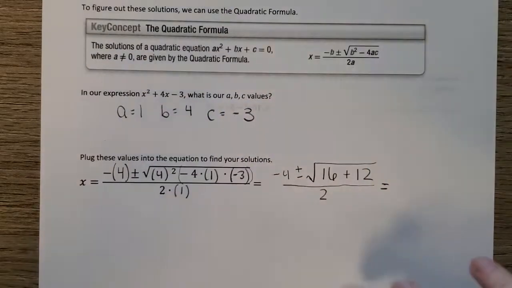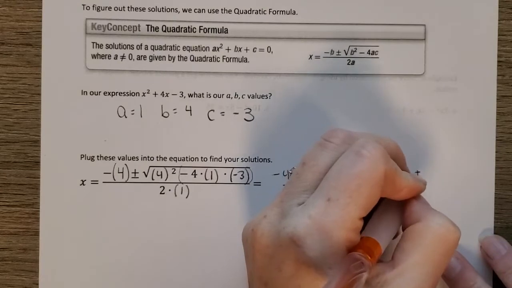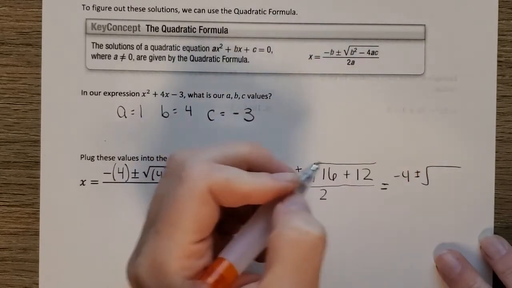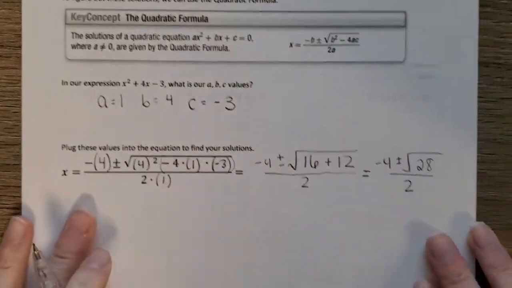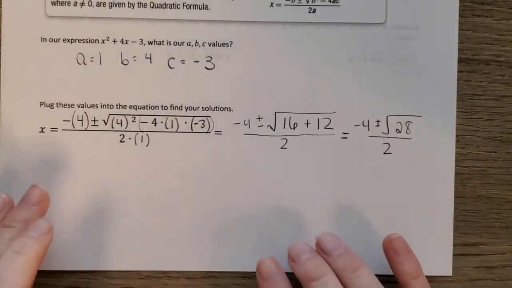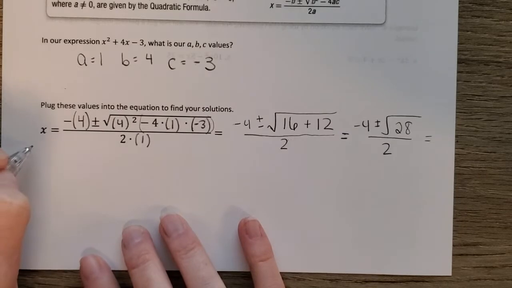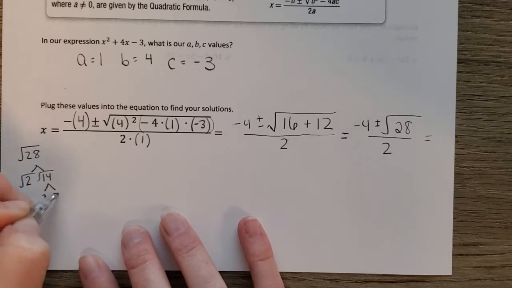Next step in order of operations is to finish doing the radicals. So we have -4 plus or minus 16 plus 12 is 28, over 2. This is where the simplifying radicals we learned about yesterday is going to be really important. Because now on the side, we're going to take the square root of 28 and we're going to simplify it. So we break that down, 2 times 14, and then 14 is 2 times 7.